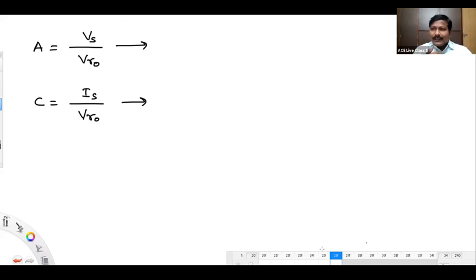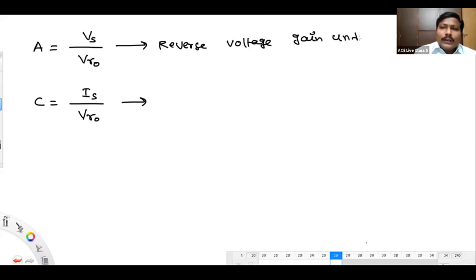It is reverse, right? So it will be called reverse voltage gain. This Vs by VR0, we are going to name it as reverse voltage gain under no load condition.